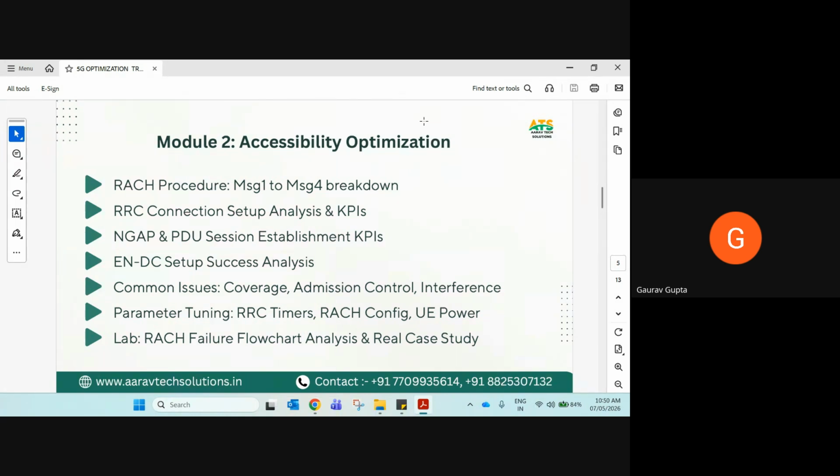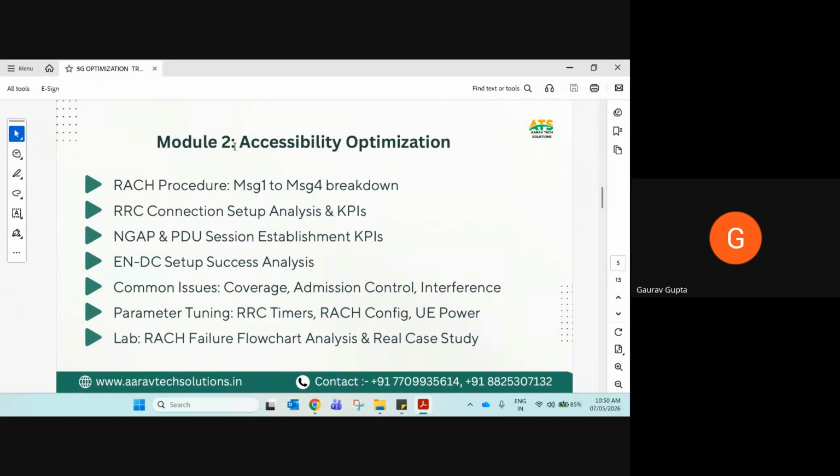Whatever topic we discuss, the modules are designed not just to complete a syllabus, but to help you in your day-to-day deliveries, in any certification you're preparing for, and for interviews. Keeping all those factors in mind, ATS designs its training modules.